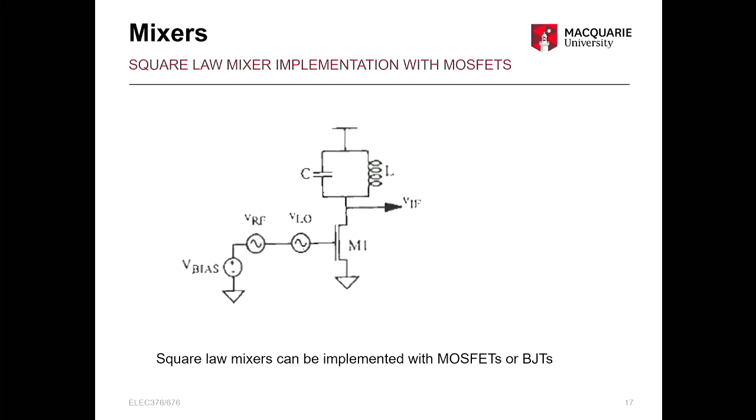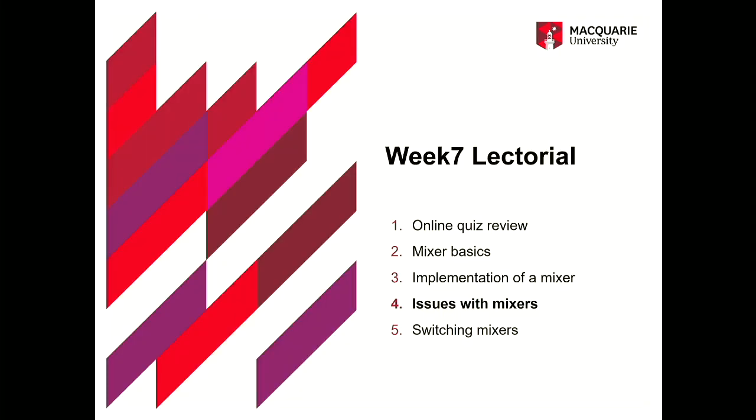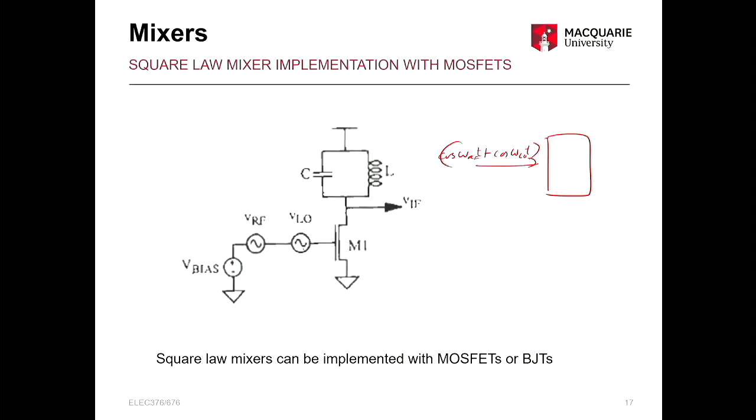So when you have a mixer, you want to give cos omega RF t plus cos omega LO t into the mixer, right? That's when you get the harmonics, the fundamentals, and the IM2 components, which is the mixed component. Here you're doing the same.